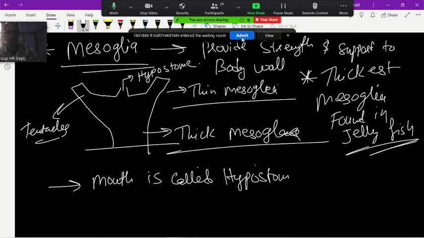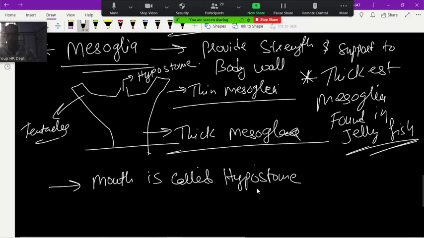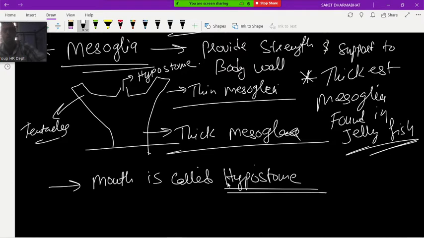Mouth is called hypostome. Now this is the hypostome. Okay, only a single opening.